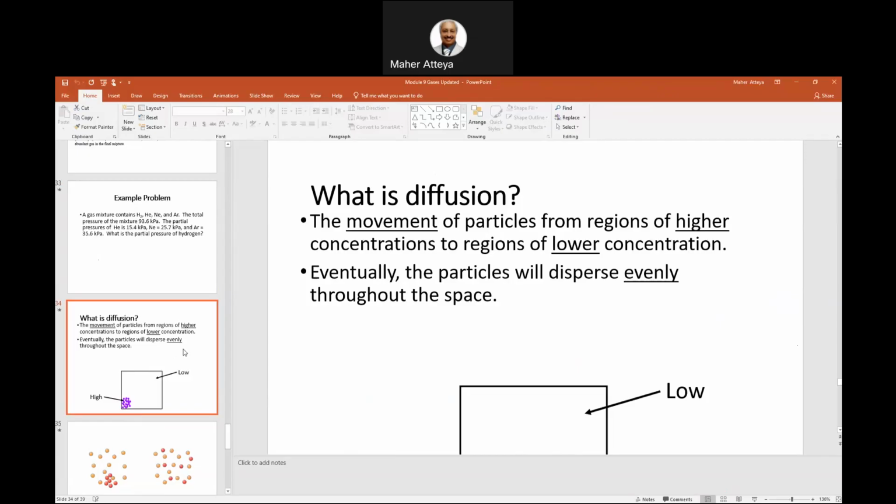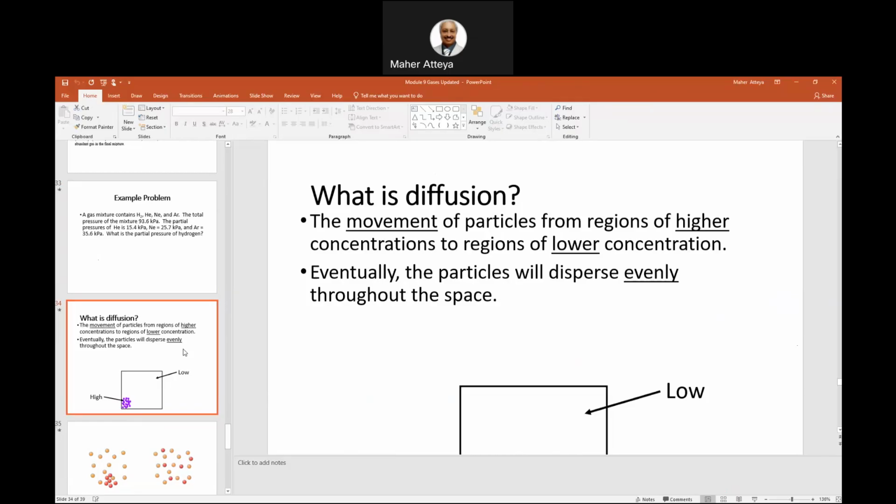You cannot go from lower to higher, unless you are compressing this gas. So diffusion in chemistry, in human cells, or in engineering is always from higher to lower.